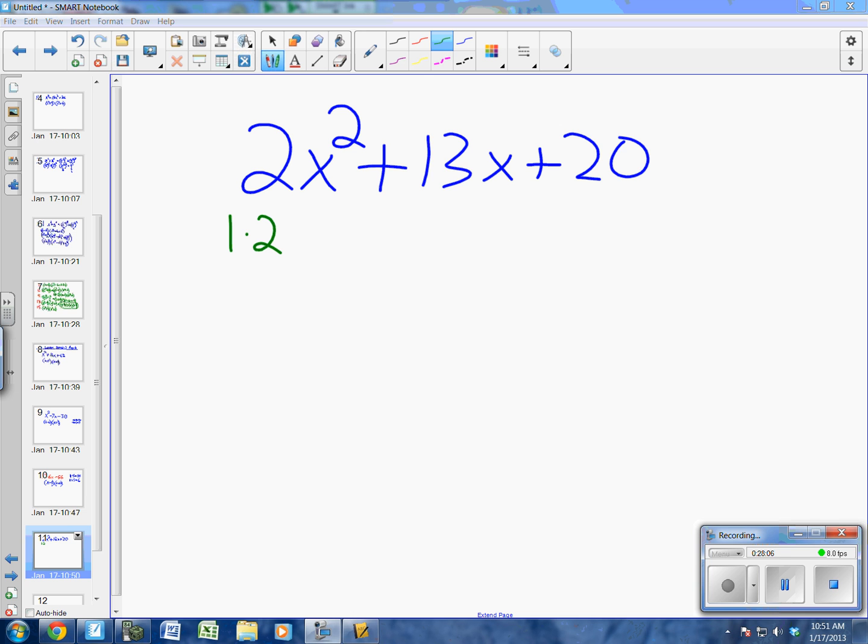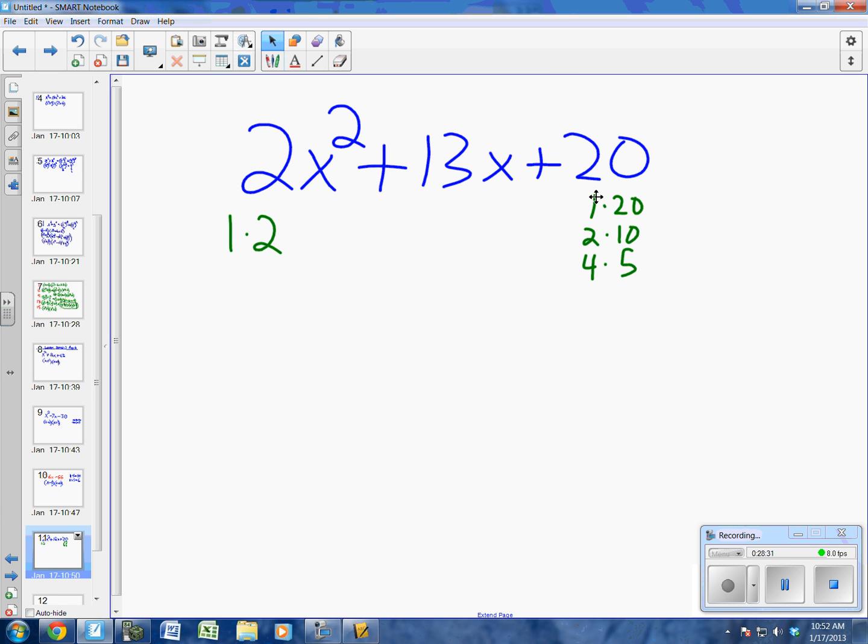Okay, so I found all the numbers that times together and get 20. So give me some numbers. 1 times 20. What else? 2 times 10. 4 times 5. Okay, is that it? I could do the negatives too. I could go negative 1 and negative 20, negative 2, negative 10, negative 4, negative 5. However, when these are both positive, you don't need to do that. Okay? All right.